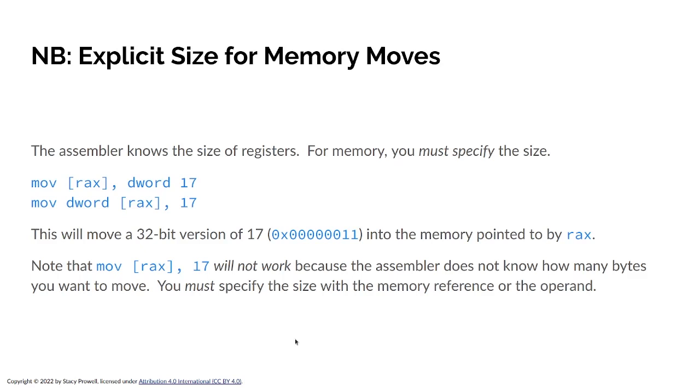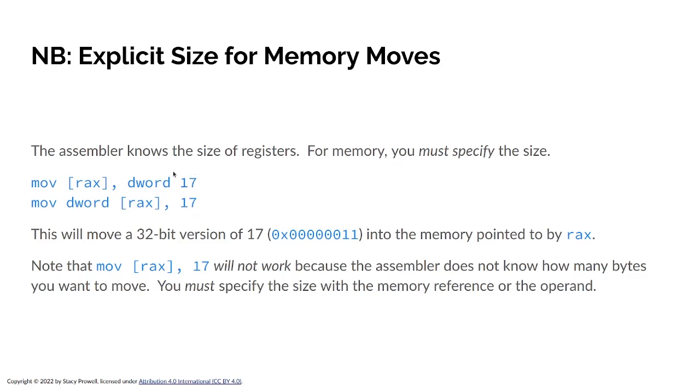Now, sometimes when I reference something in memory, or I want to put something in memory, the assembler is not going to know what I mean, and I've got to give it a hint. So let's say I just said move into the location pointed to by RAX the value 17. If I just did that, the assembler would complain. It would say, I don't know how wide you want that 17 to be. Do you mean it to be a byte or a double word or a quad word? What do you mean? And so here I've explicitly said I want this 17 to be a double word.